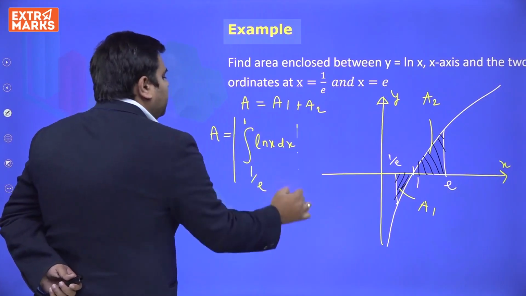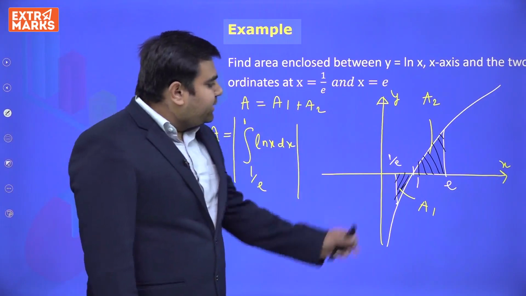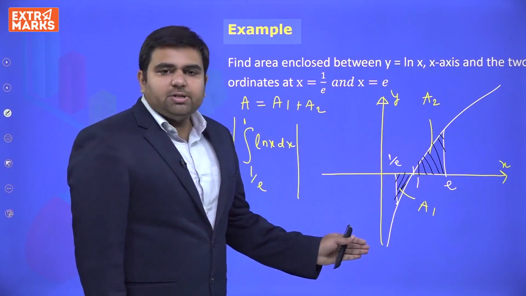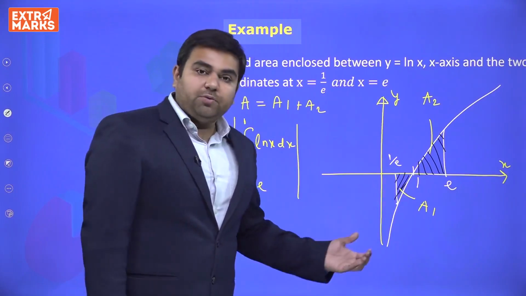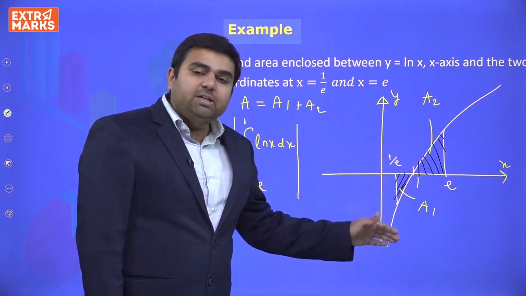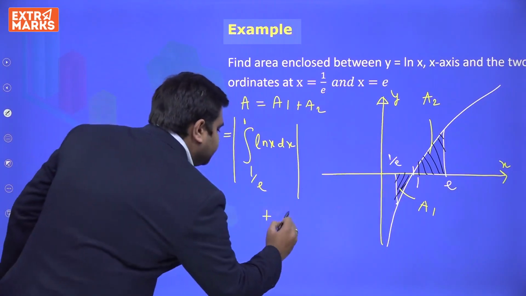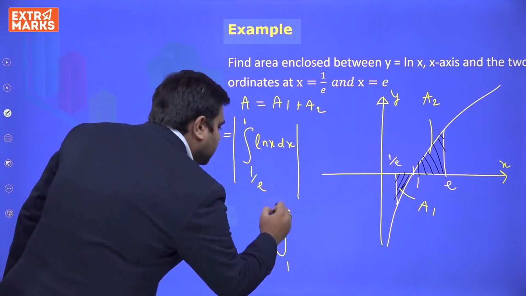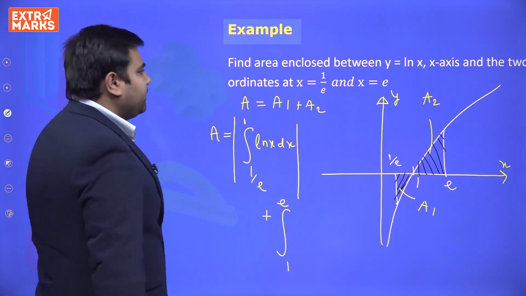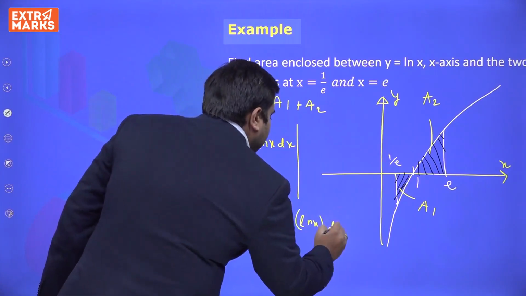But at the same time, we need to apply modulus over here, because the portion of the curve ln x is below the x-axis between 1 by e and 1, right? Plus the integral from 1 to e of ln x dx, right?